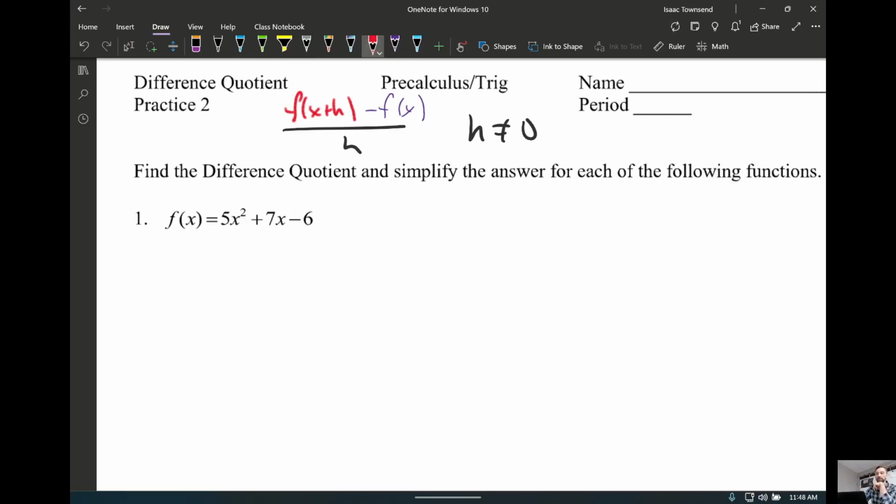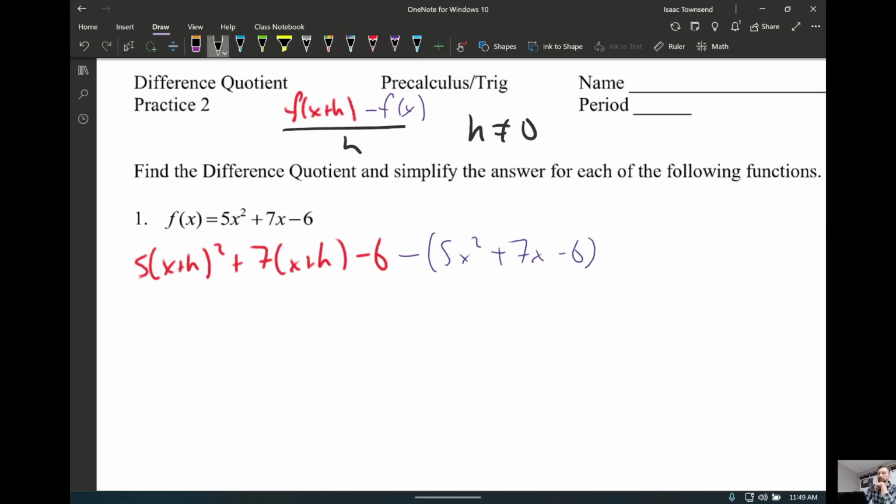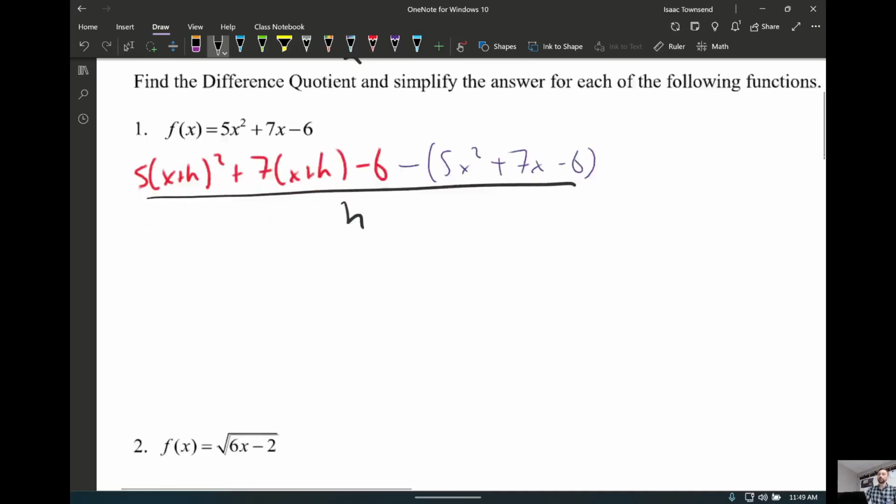So the first part is it wants us to plug in an x plus h everywhere there was an x, then subtract away the whole function, and put the whole thing over h. So that's what step 2 would look like for question 1.